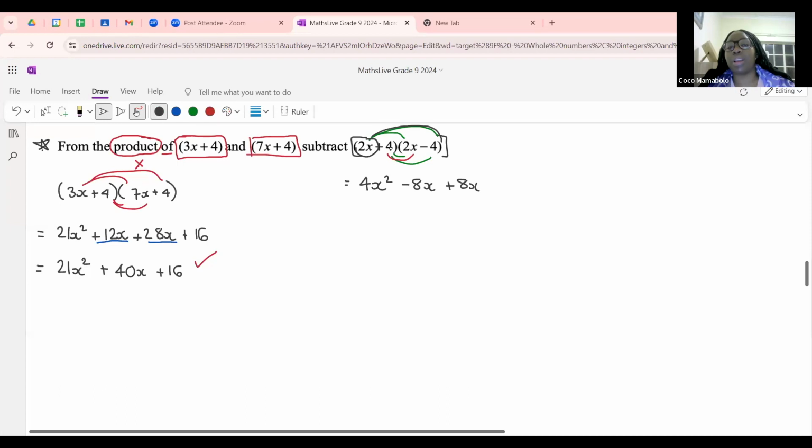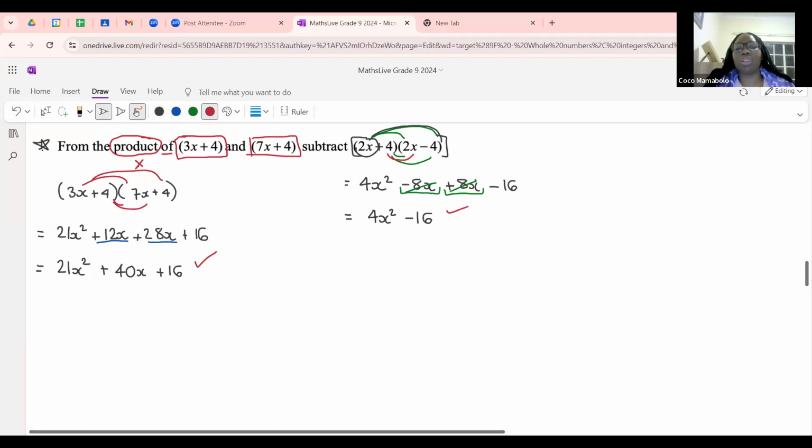And then positive 4 times negative 4 will give me negative 16. And then I'm going to add like terms. I'm going to get 4x squared, and then negative 8x plus 8x will give me 0, because they're the same thing, just one is negative, one is positive. I'm going to get 4x squared minus 16.